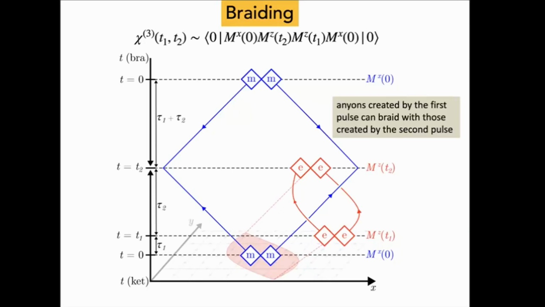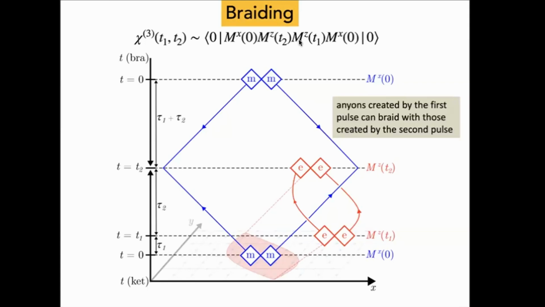Next, I'm going to do something like this, where the first one, Mx, will commute with the star operators, but it will create 2 M particles at 0 time, right here. Then at a later time, I will apply the non-commuting Mz.